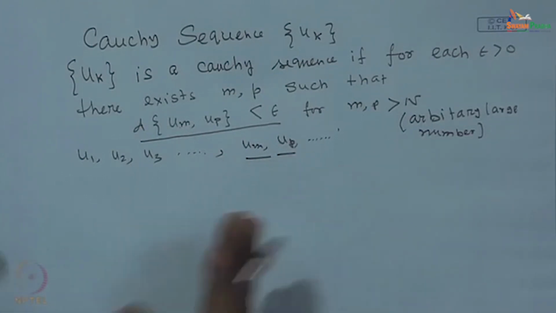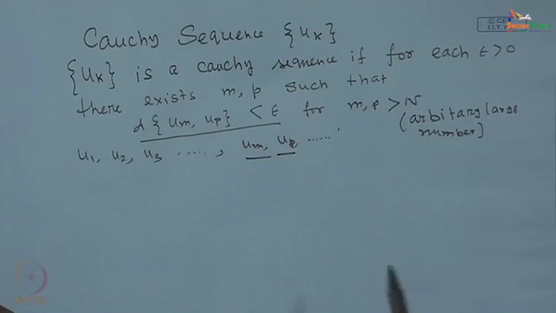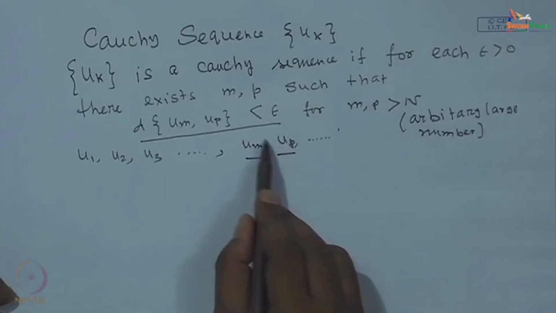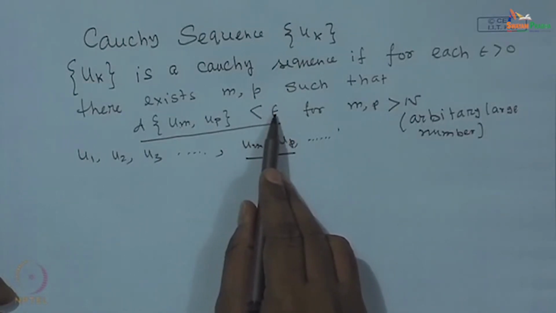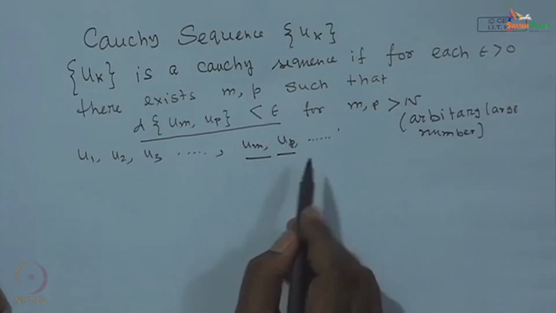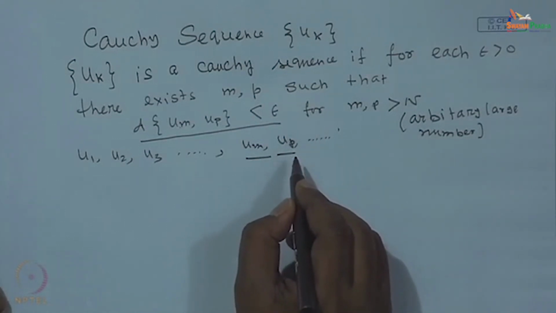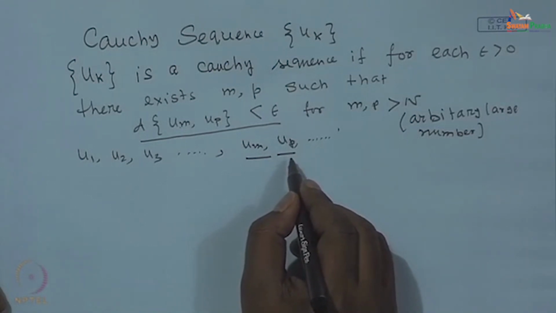For a very large n, at the later stages of the sequence, the metric between the two will be extremely small, less than epsilon, a small positive value, and they will be converging to a particular point if u is a function, and to a particular element in the space if u is a vector.